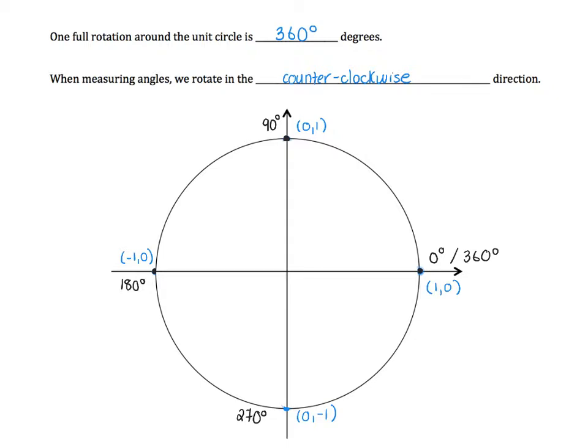All right, so let's measure out an angle of 65 degrees. So 65 degrees is less than 90, but more than 0. So that's going to put us somewhere right here. So this is a 65 degree rotation, so we'll put 65 degrees right here.